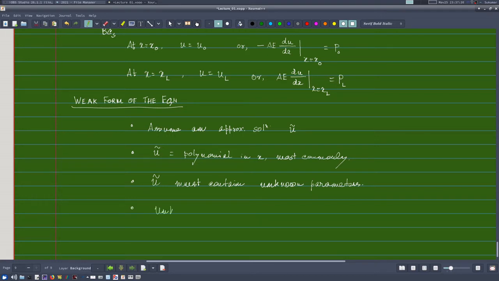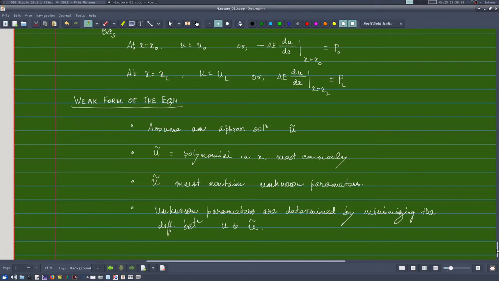Unknown parameters are determined by minimizing the difference between the true solution and approximate solution. That means between U and U tilde.